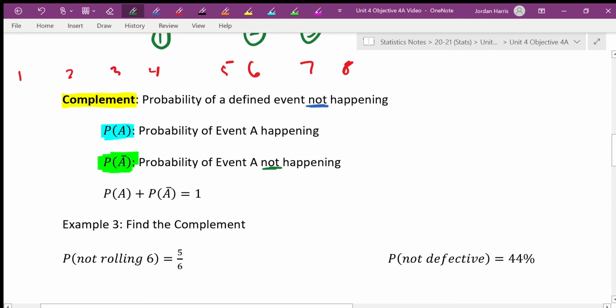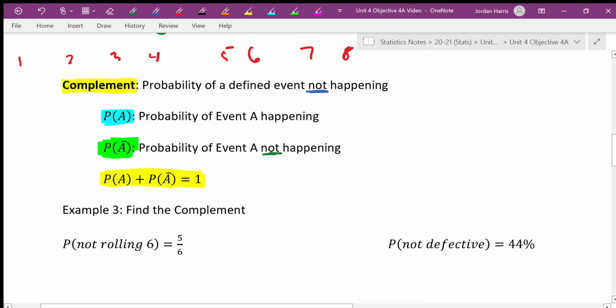And the key thing with a complement is that they are exact opposites. So if one happens, the other does not. If the other happens, the first one does not. So we can't interchange these things at all. They are just complete opposites. That means whatever the probability of one, the opposite probability, they add up to 1 always.